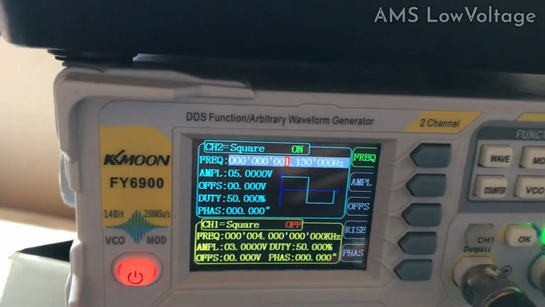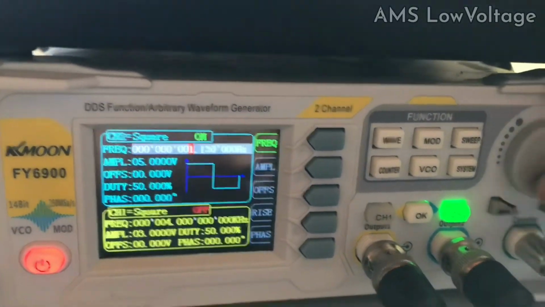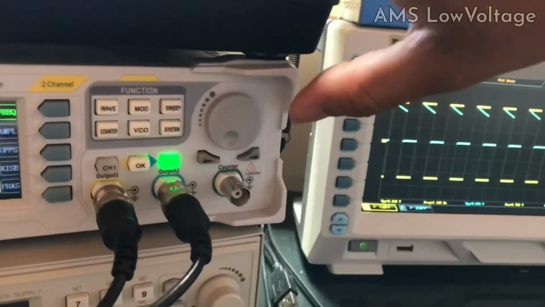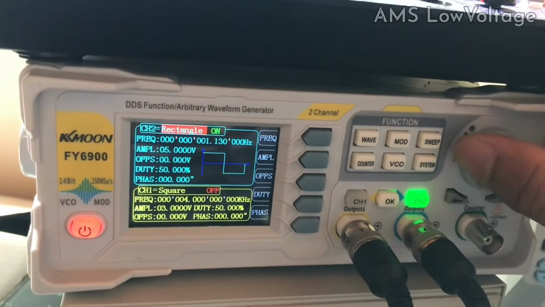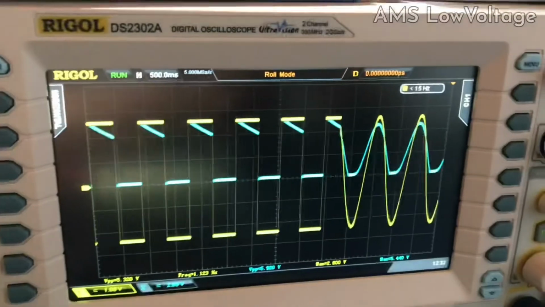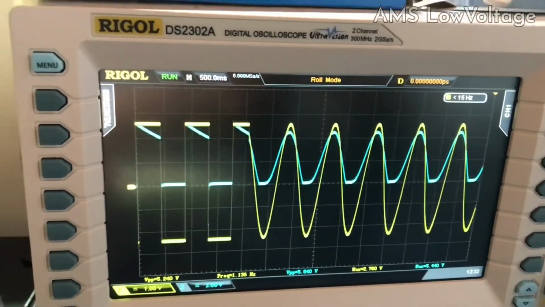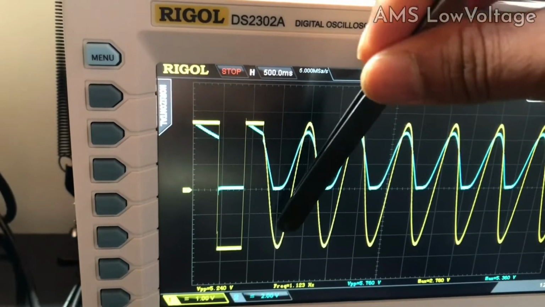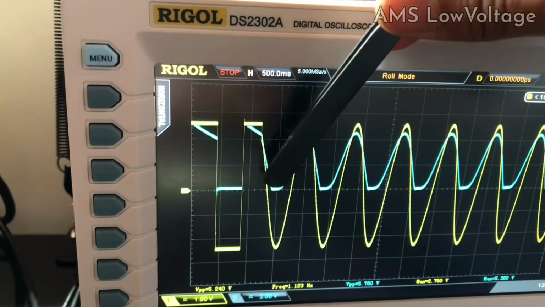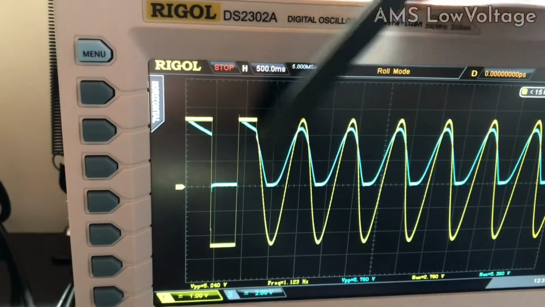Now I'm going to change the signal type from square to sine wave. Let's see what is happening. I'm changing this from square to sine. You can see as soon as I change it, there is 0 voltage for the negative peak.